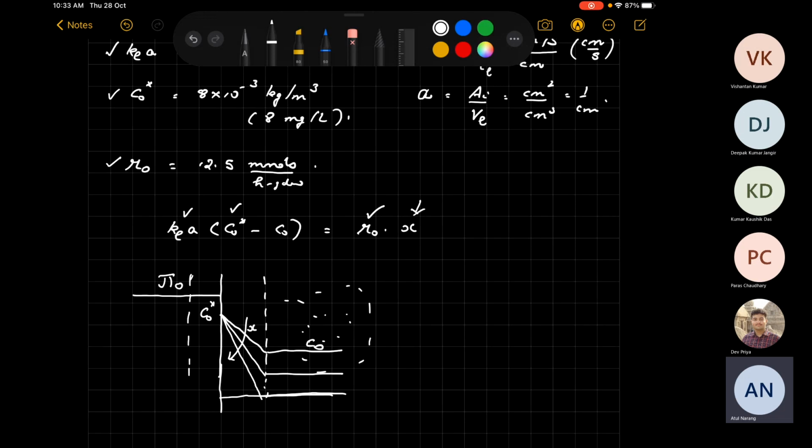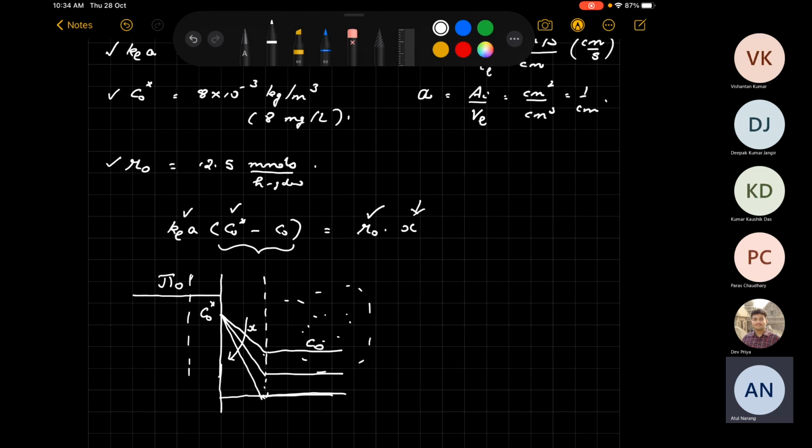Now, it can only go down until finally CO becomes equal to zero, right? I mean, you can't make this quantity any bigger than CO star. And once CO has become equal to zero, you have basically pushed it to the maximum limit. You're not going to get any more.